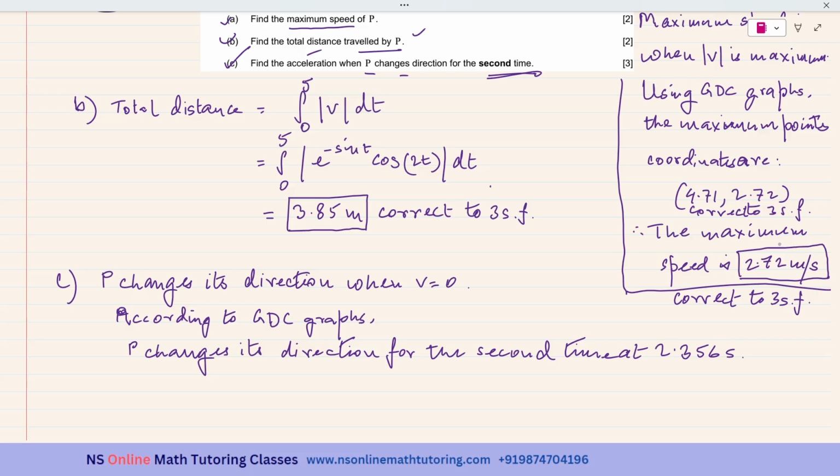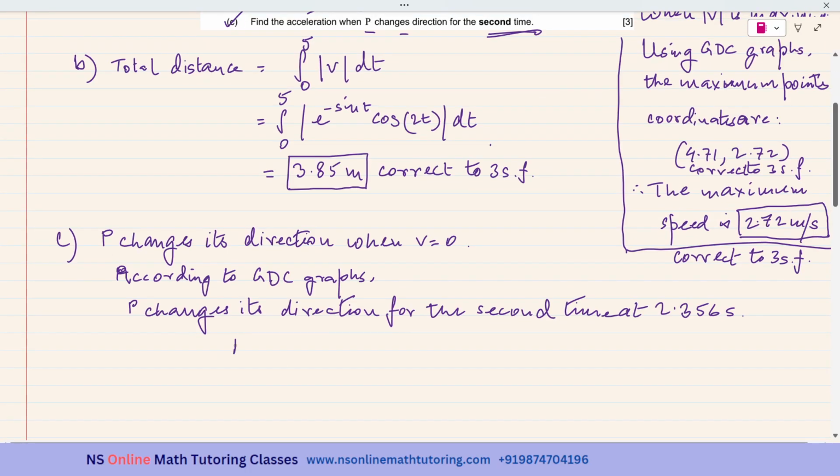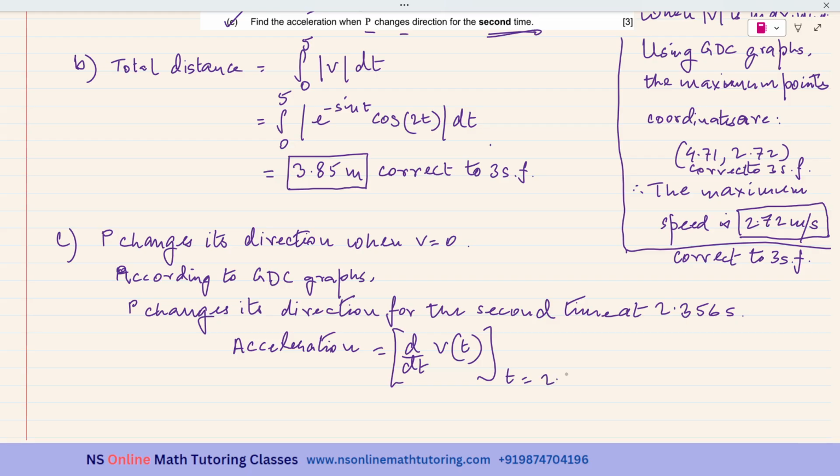Okay, and we have to get the acceleration. So acceleration is equal to d/dt of v of t at t equal to 2.356 seconds. Okay, so this is what you have to get.